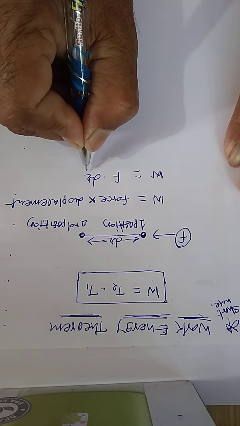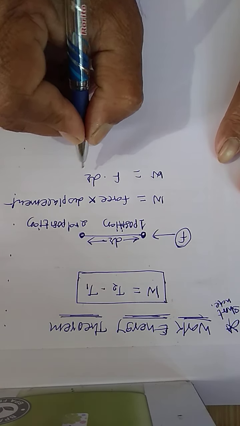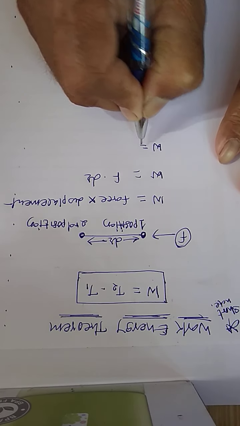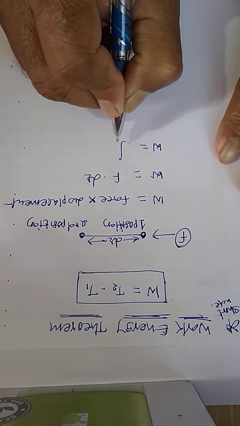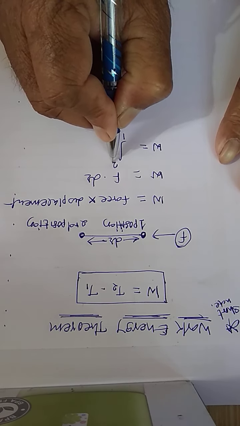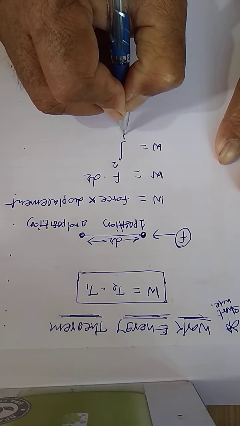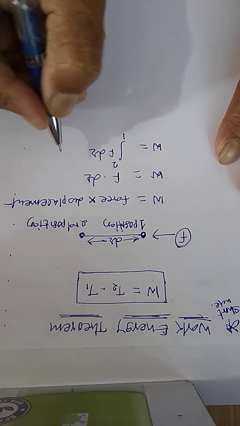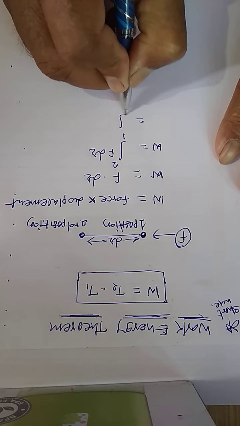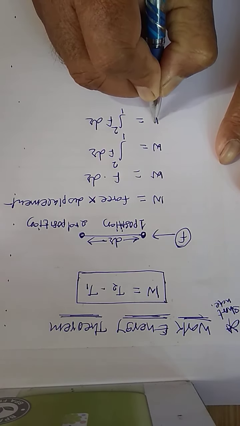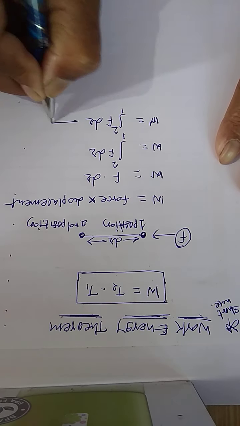Then the total work done can be obtained by integrating between the limits 1 to 2, F into dr. This is equation number 1.